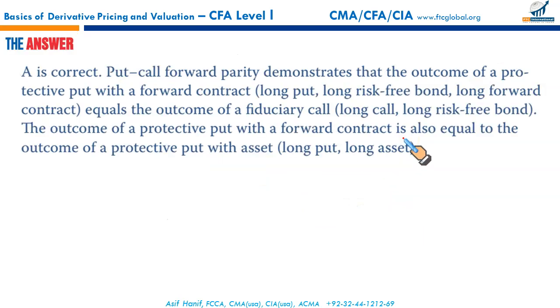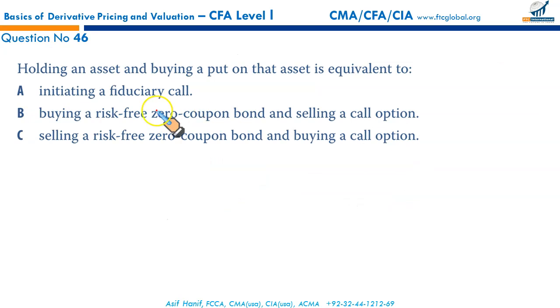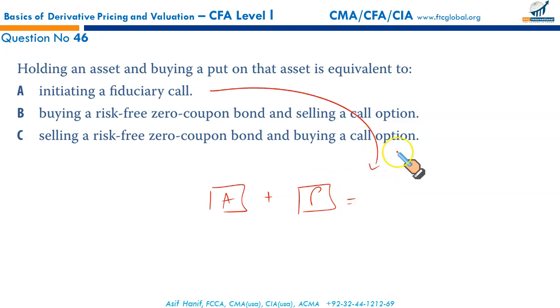That makes A to be the correct option. Holding an asset and buying a put option on that asset is equivalent to, well, if you hold the asset, long on the asset, and you also buy a put option, this is equivalent to fiduciary call. From your overview, it's all from there. If you have got good understanding from the overview, it's a pretty straightforward question.